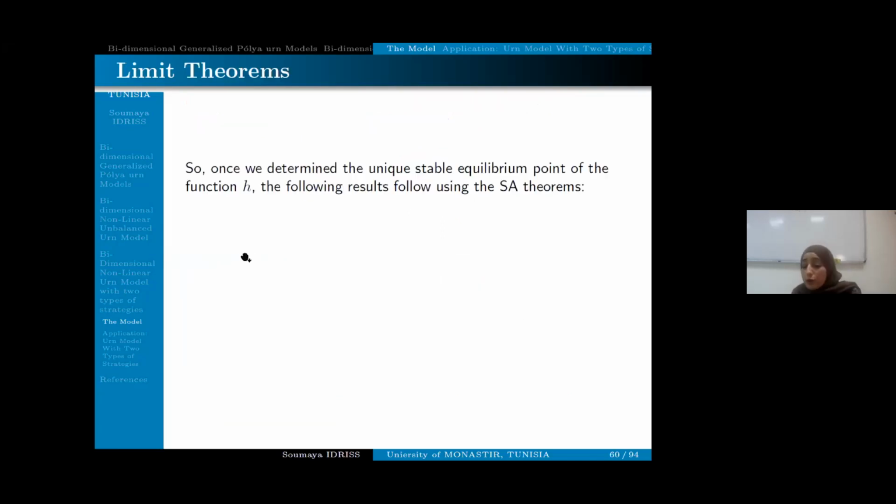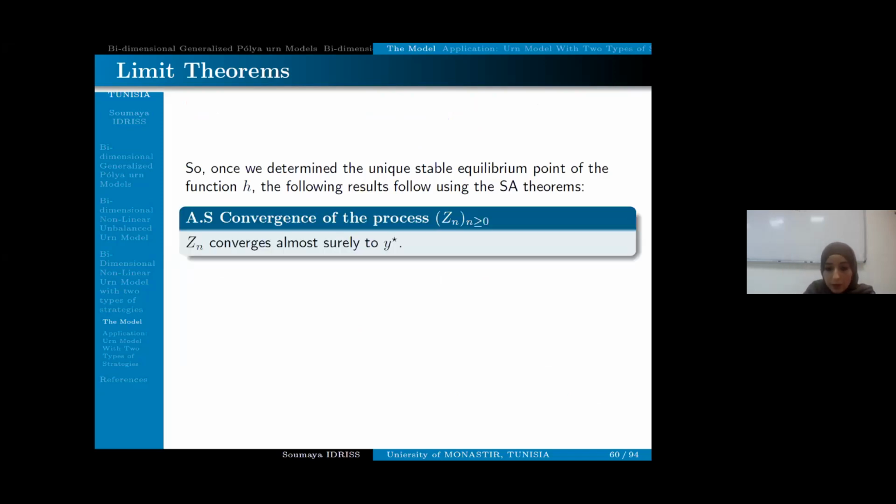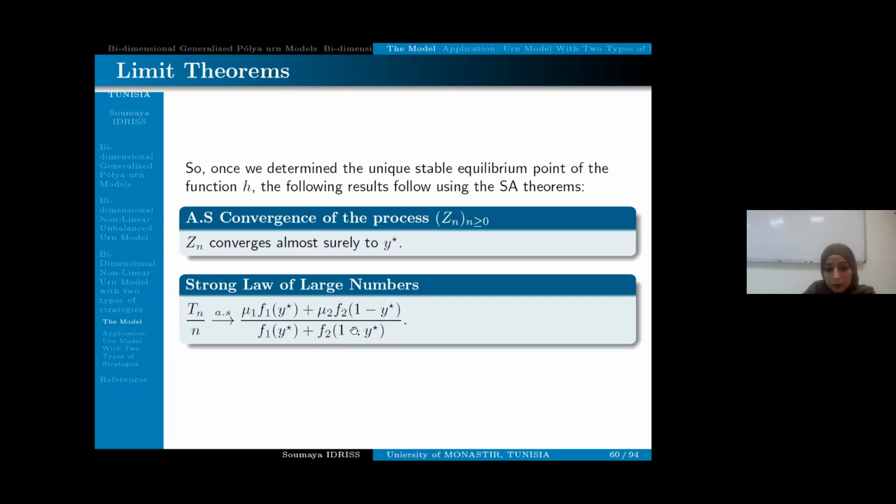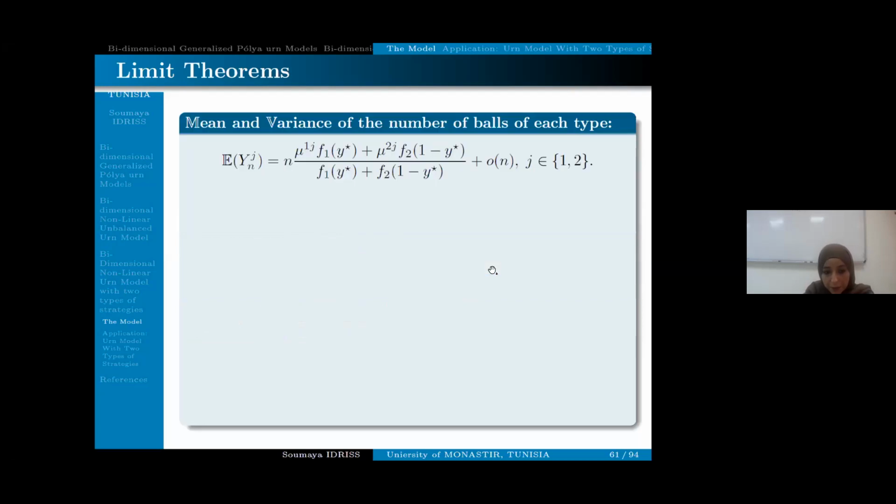Now, once we've determined the unique stable equilibrium point, we have the following results. The first one states that Zn converges almost surely to Y star, and the total number of balls satisfies this almost sure estimate.